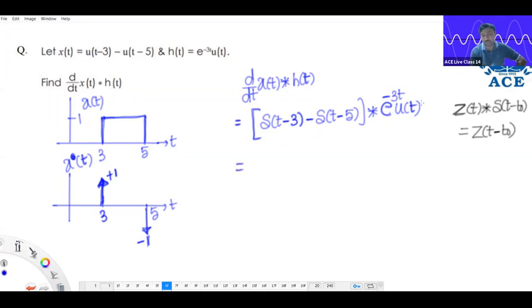So the first time, in the decaying exponential, t is replaced as t minus 3. Next time, t is replaced as t minus 5. Replace t as t minus 3 and t minus 5. Very good.